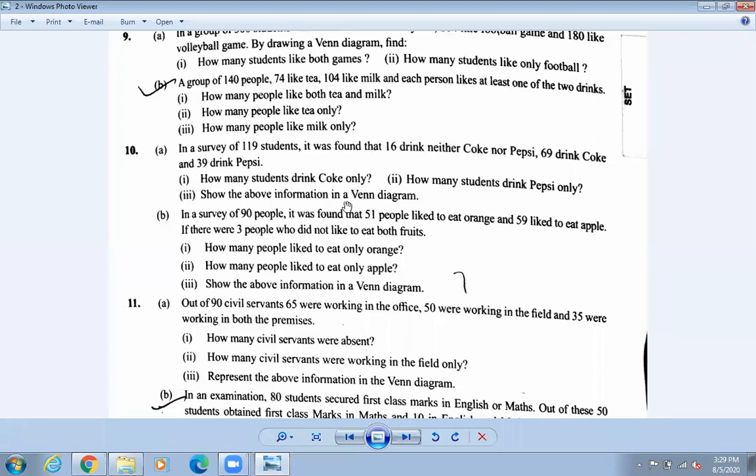But in some countries they prefer Pepsi instead of Coke. You also need to find how many students like only Pepsi, only P, and the information in a Venn diagram. We will find that out.